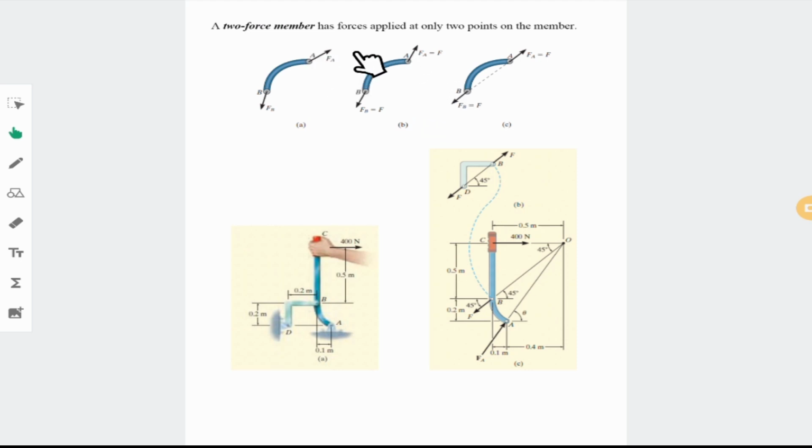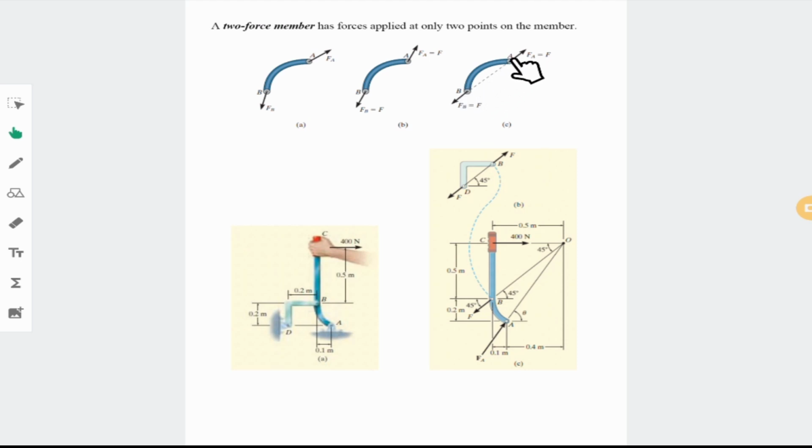Let's assume that FA is applied on point A and FB is applied on point B. They cannot be an arbitrary direction and arbitrary value. They should be exactly the same value in opposite direction, aligned with each other, and crossing through both points A and B.